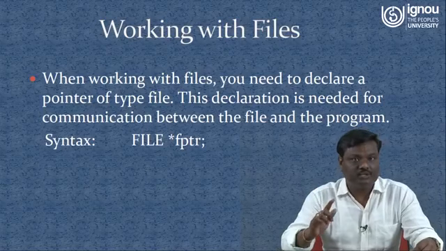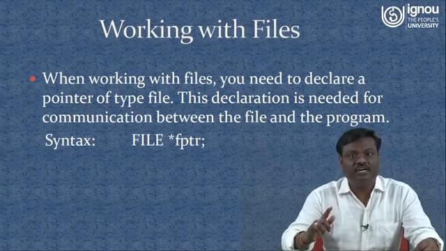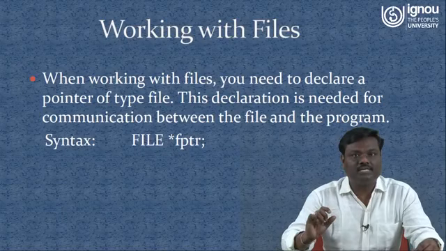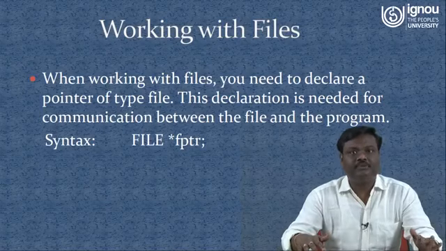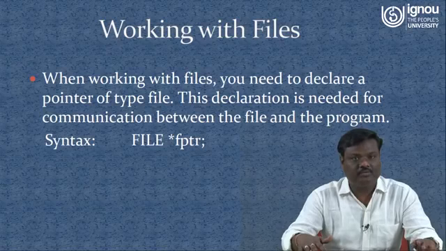So here you can see the difference. We are using a term or else a keyword called FILE. So FPTR is a pointer variable which is pointing towards a file. So when working with files, you need to declare a pointer of type FILE. That thing you have to remember.